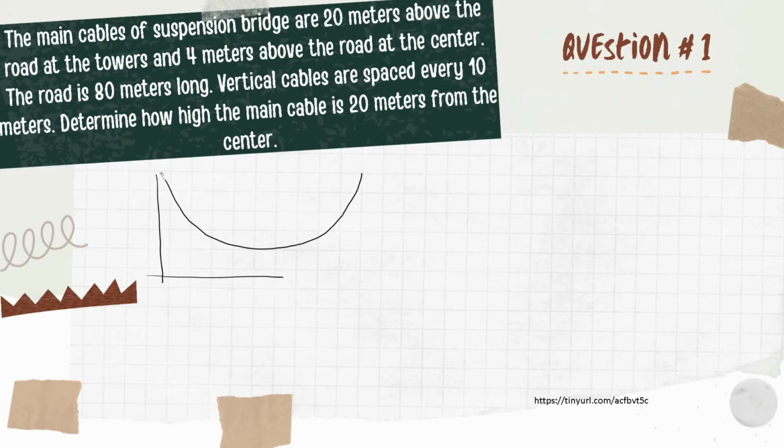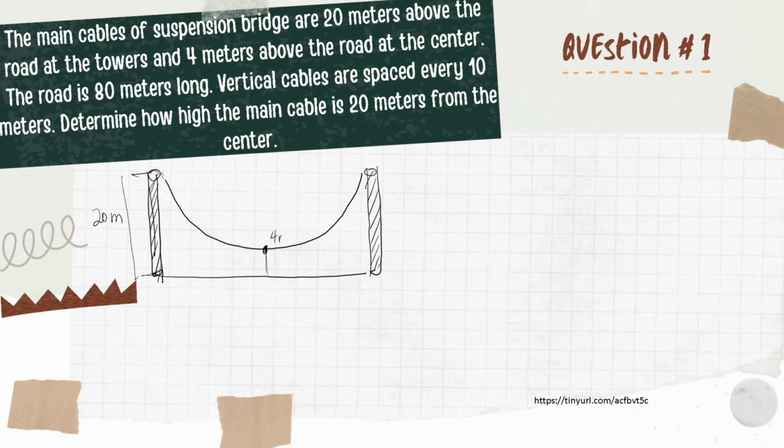So, this is the towers, and the height is 20 meters. And then, 4 meters above the road at the center. So, at the center, the height of the cable is 4 meters.